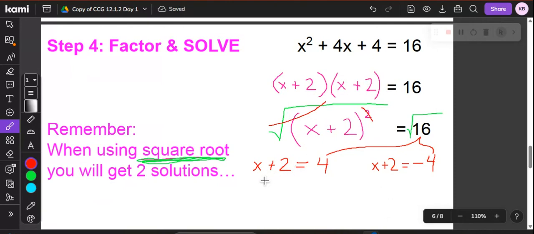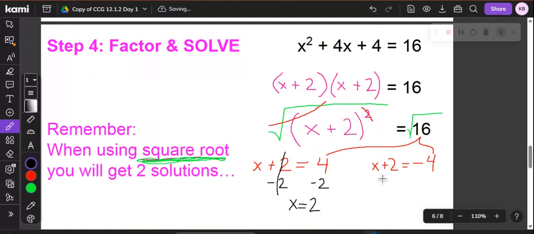Now when I go back and I subtract 2 on both sides, I do my little bit of mental math, just like when I do factoring. I'll subtract 2 on both sides. 4 minus 2 obviously gives me x equals 2. There's my first solution.